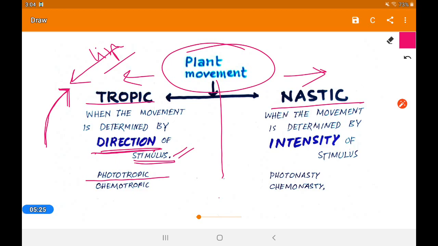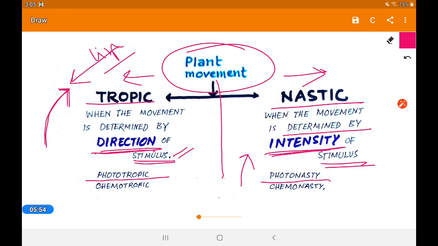Next, we can see when the movement is determined by the intensity of the stimulus. The stimulus is there, but how much of it is there is the main thing. If it is photonasty, it means that the plant can move depending on how much light there is.